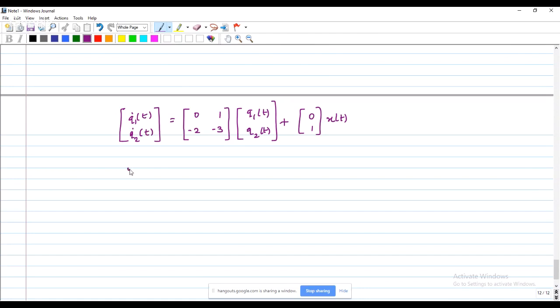And here we have y of t, which is equal to 1 and 0, times q1 t and q2 t.